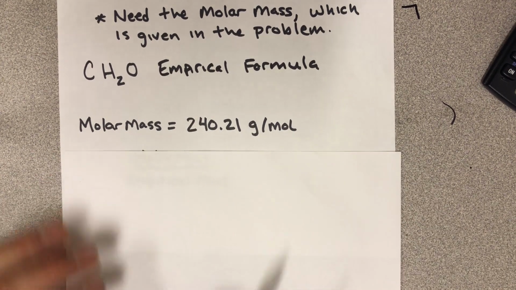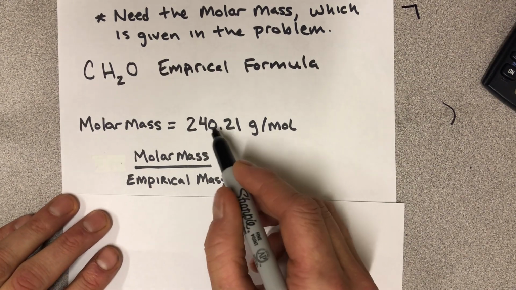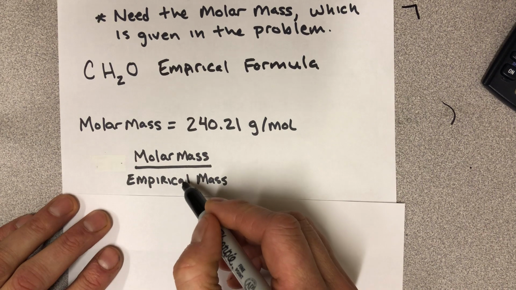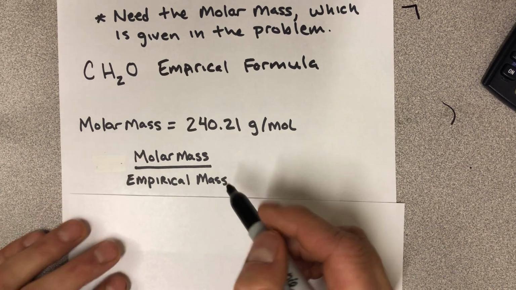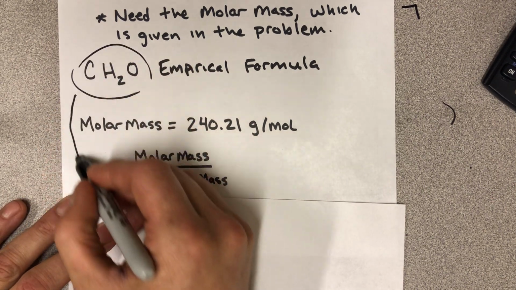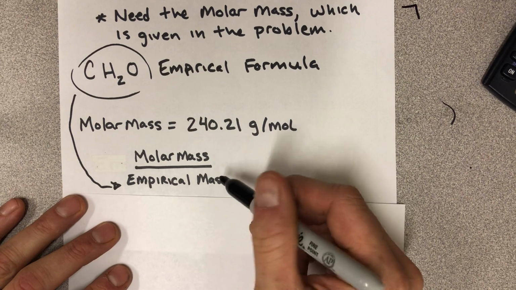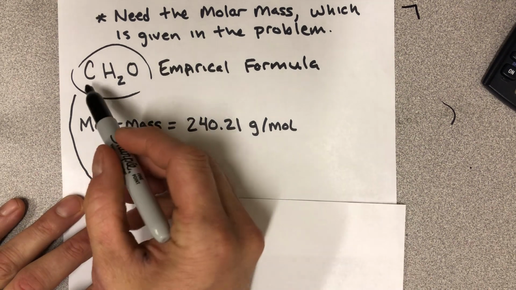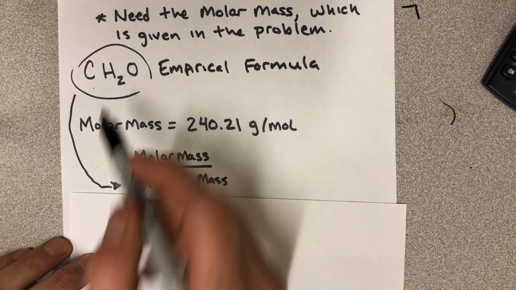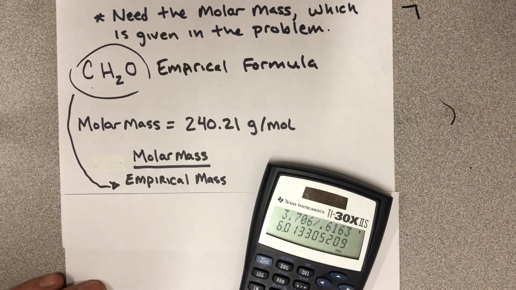And to do that, you basically just take the molar mass that's given in the problem and you divide it by what's called the empirical mass. And the empirical mass is the mass of this compound here, okay? So the empirical mass you find just by the same way you'd find the molar mass of a compound. You take the mass of a single carbon, 2 hydrogens, and 1 oxygen, and let's go ahead and calculate that.